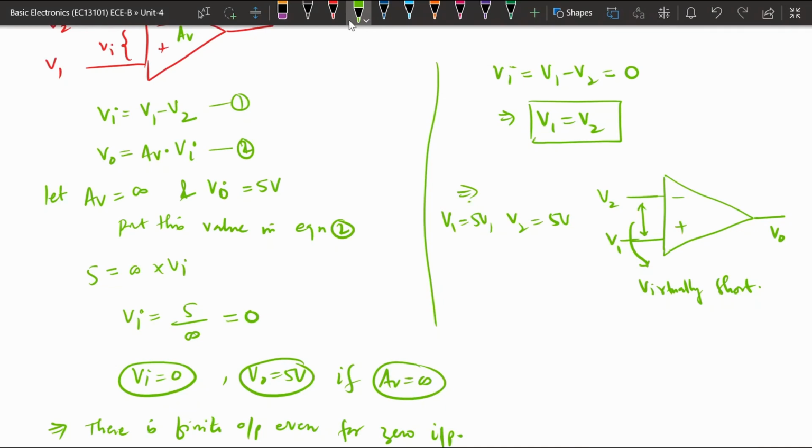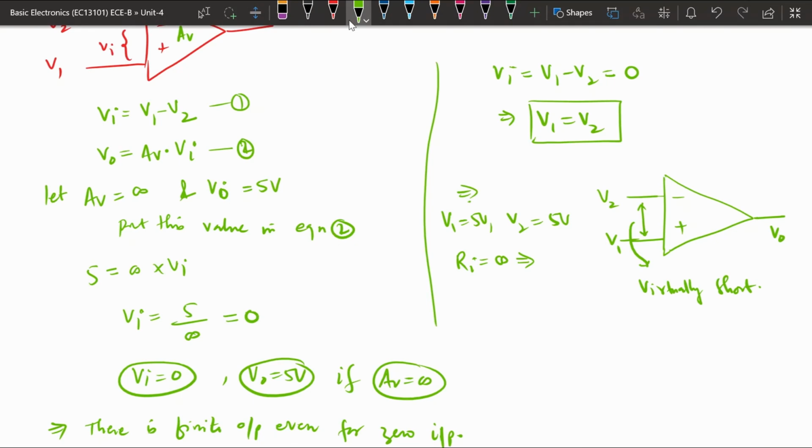That means the internal resistance connected here in the operational amplifier, R input, will be equal to infinity, because in the ideal case input resistance is infinity. So if input resistance is infinity, then V1 and V2 will be like an open circuit.